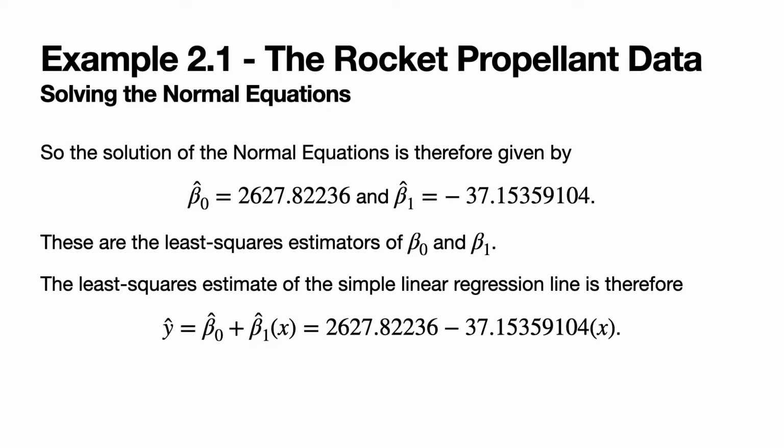And so the least squares estimate of the simple linear regression line is given by y hat equal to beta 0 hat plus beta 1 hat times x, which is 2627.82236 minus 37.15359104 times x.